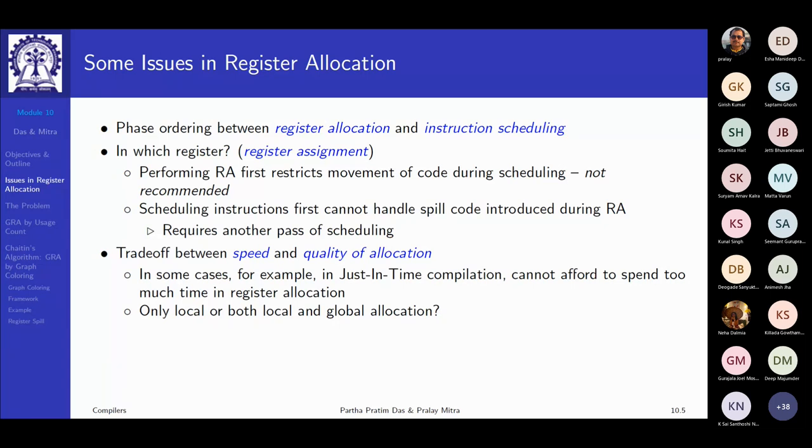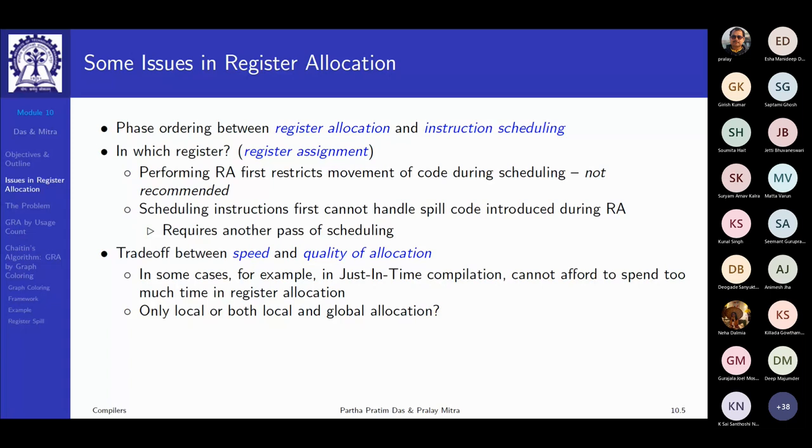So if you take a lot of time in deciding this, then the overall performance of your execution will deteriorate because you are already in the runtime. So you'll have to sacrifice the quality of allocation.